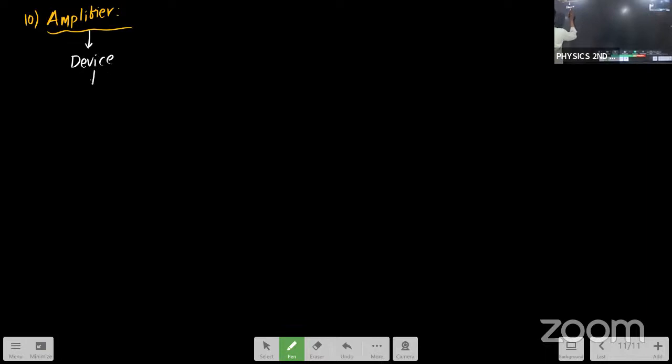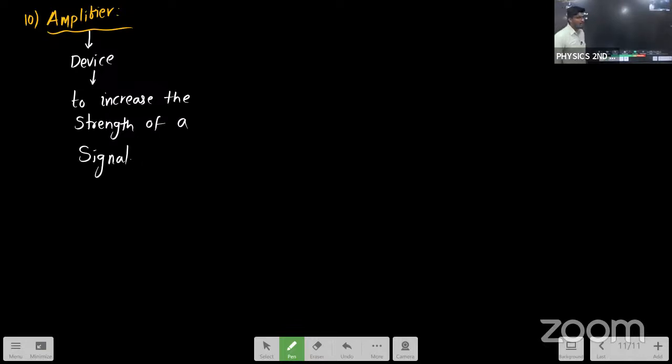Why do we use this device? To increase the strength of a signal. So what is an amplifier? An amplifier is a device which is used to increase the strength of a signal.